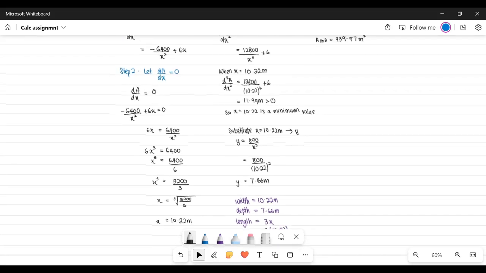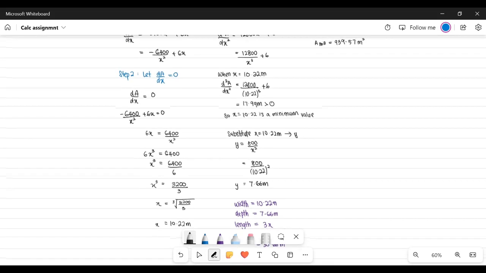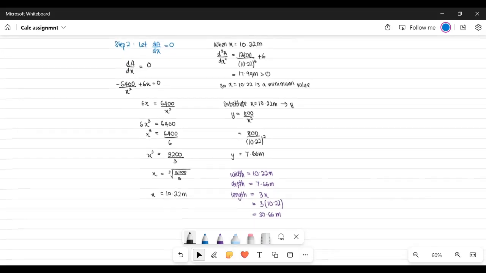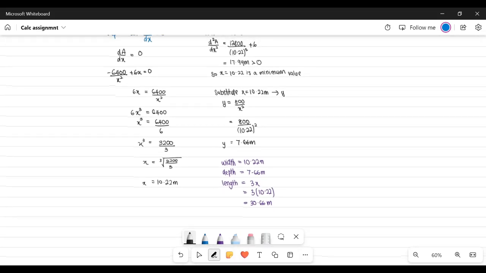After that, you will determine whether the x value is a minimum or maximum value. After we determine that, you will have to substitute the value of x into y to get the y value.